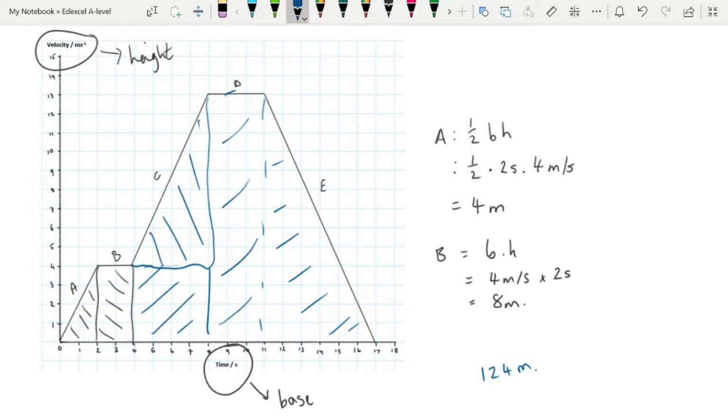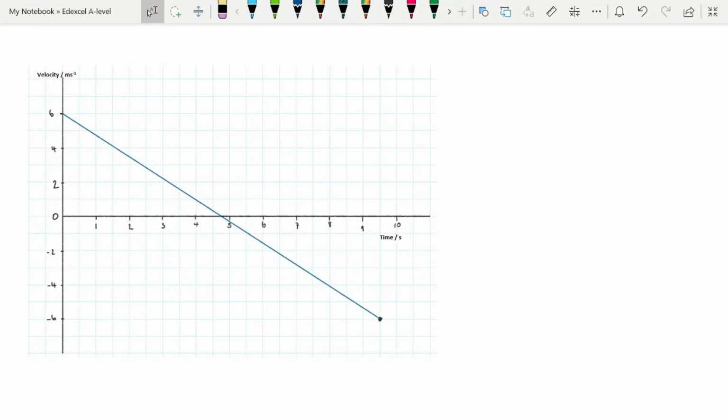That's fairly straightforward, divided up into its sections. Here we have example number 2. For this one, you can see that it does pass through the x-axis. So we know that this object was traveling in one direction first, then stopped momentarily, that's when it had 0 meters per second, and then traveled in the opposite direction, which is what our negative means.